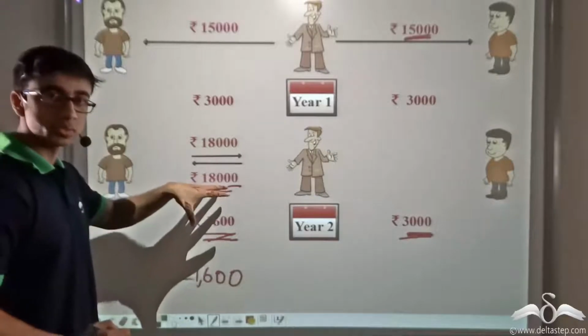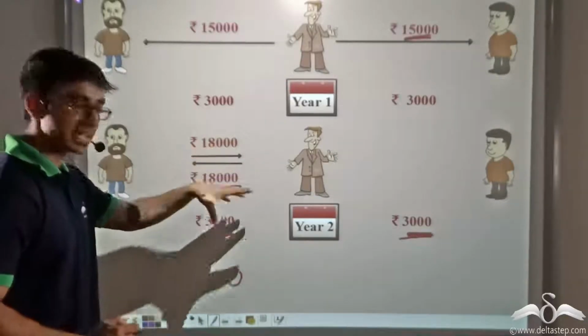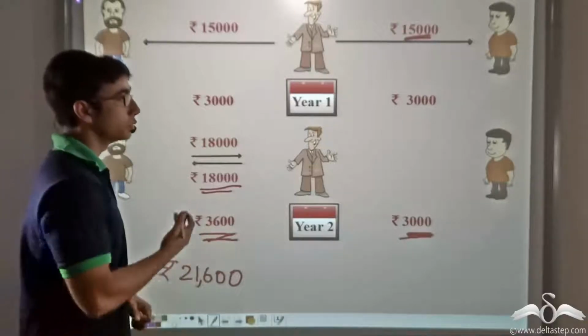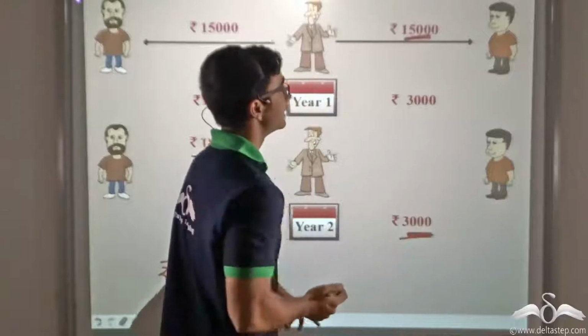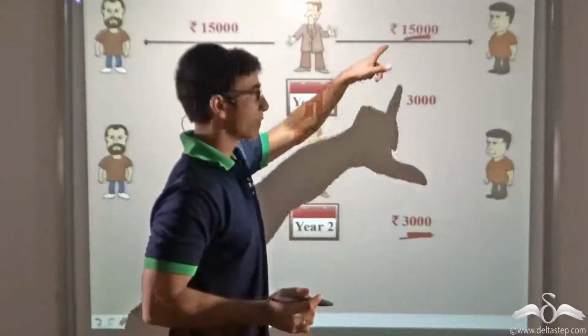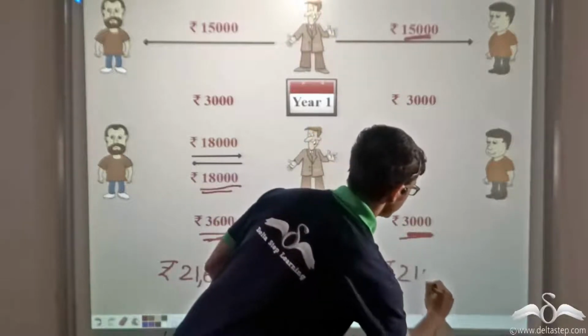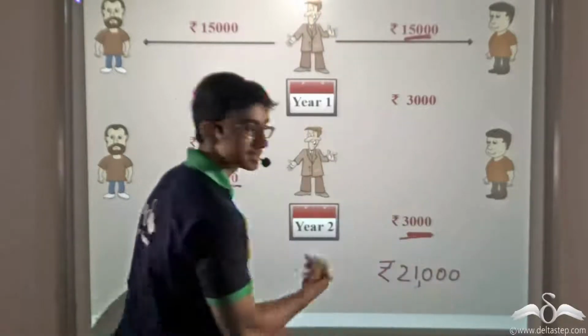That is 18,000 which he borrowed back at the beginning of second year plus the additional amount of money. Whereas in the case of Shekhar, it is nothing but 15,000 plus 3,000 plus 3,000, giving us rupees 21,000.